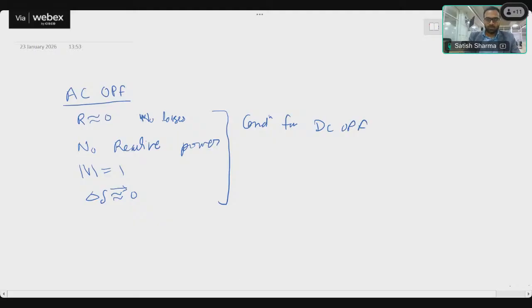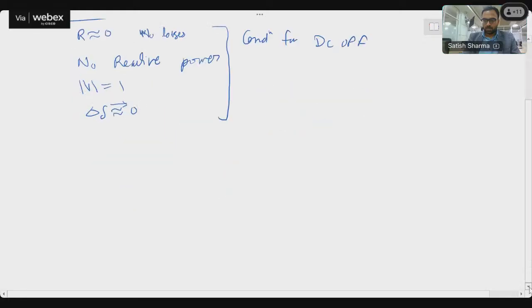Again, the objective, we have set an objective. So let's keep the same objective. It's a minimization of cost function, right?